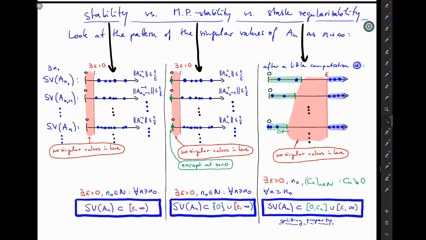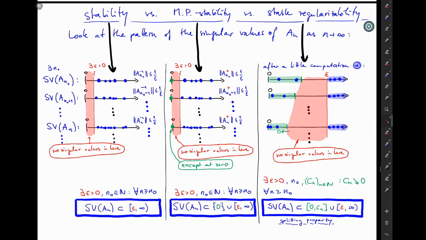So we can clearly see that stability is the most ambitious one of the three properties. Moore-Penrose-stability is already a bit more relaxed. Now you allow zeros. And stable regularizability is the most relaxed of the three. Here you even allow a green group of singular values that slowly but surely moves into 0, and the others have to stay away.